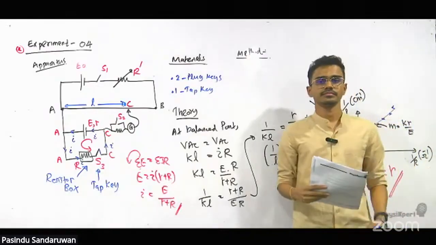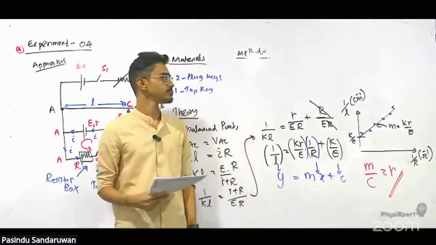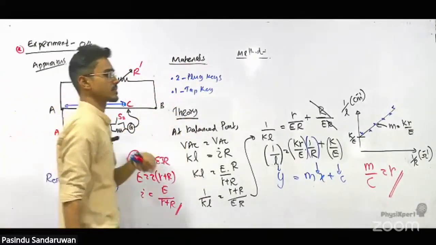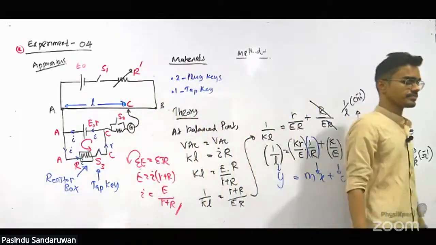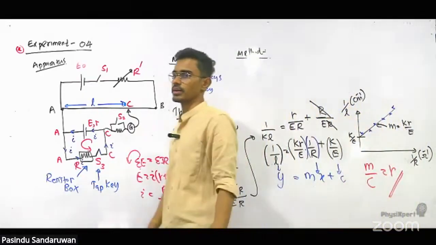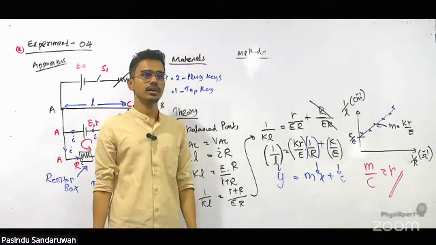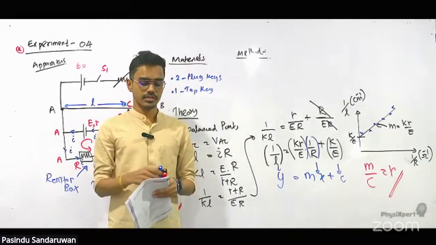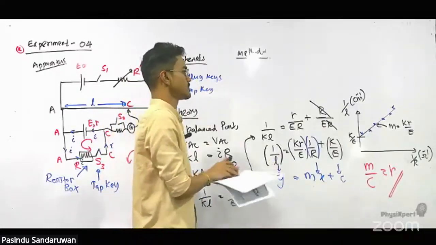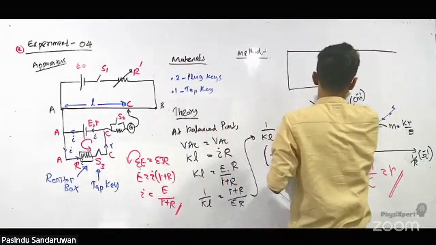Right, next. From the variation between 1 over L and 1 over R, as mentioned under theory. We need a minimum of 6 values.